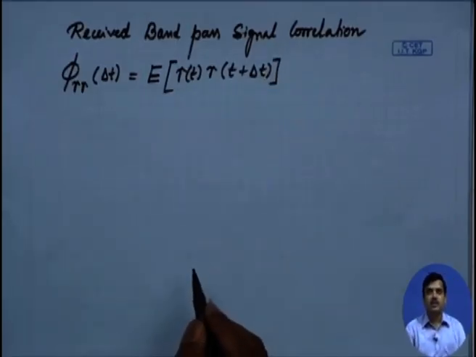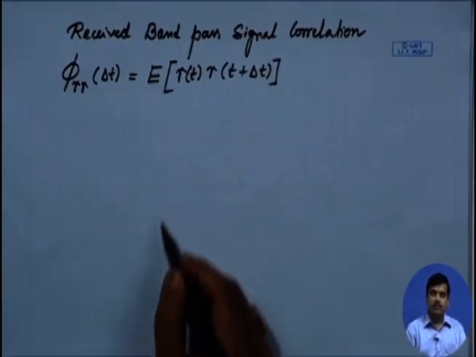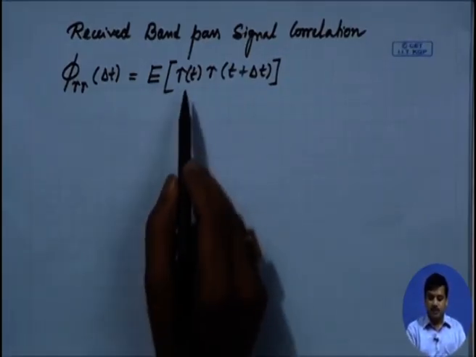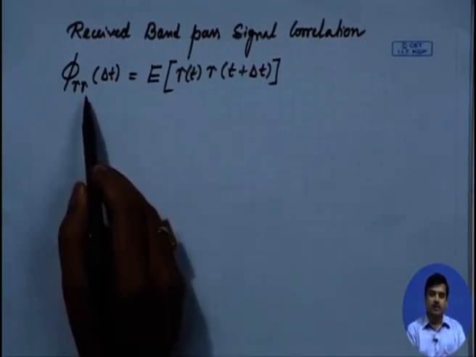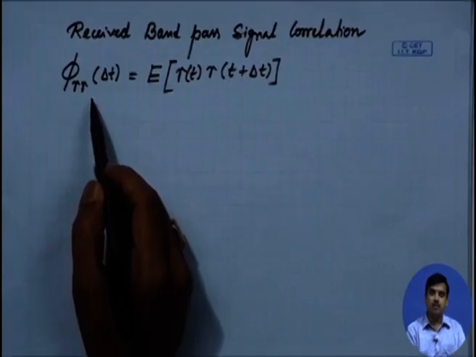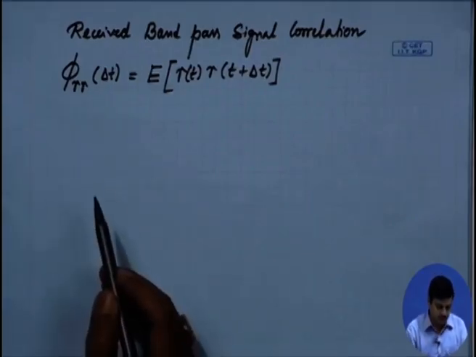So, this is the basic expression for the correlation. What we will go through in the next few minutes is go through the steps from which we could find this, which would lead to a very important result, that is the coherence time of these kind of channels.